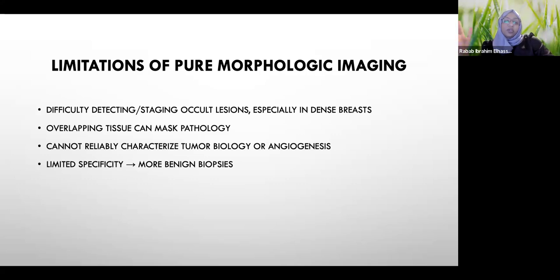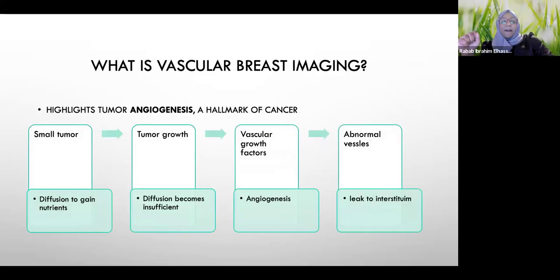On MRI, for example, you will see the central necrosis, from which you can hint that this is probably an aggressive, rapidly growing tumor. It cannot assess angiogenesis, the specificity sometimes is an issue, and the rate of benign biopsies is higher with pure morphologic imaging.